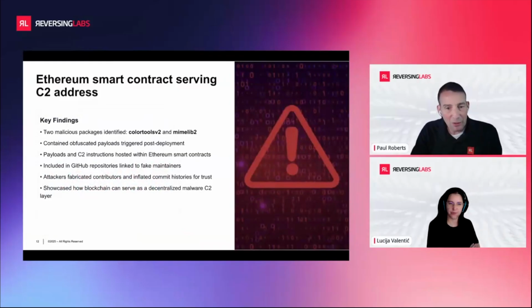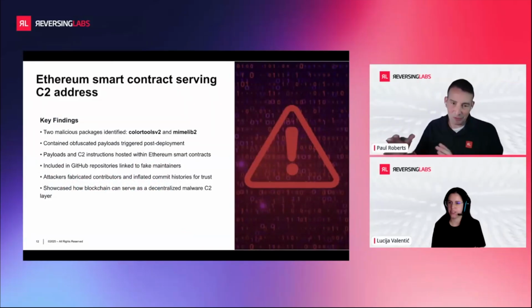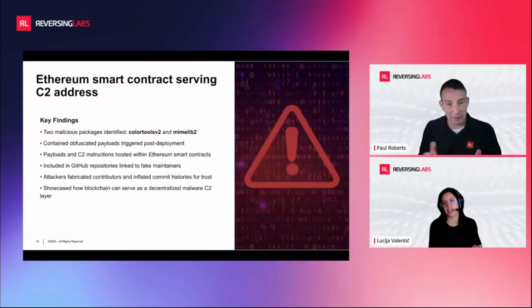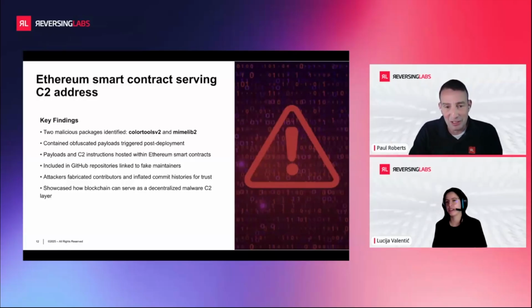But on the npm side, there wasn't a whole lot of effort made to dress up these packages and make them look legitimate. On the GitHub side, there was. Just talk about some of the techniques that the malicious actors had used to make these GitHub packages actually look very legitimate.